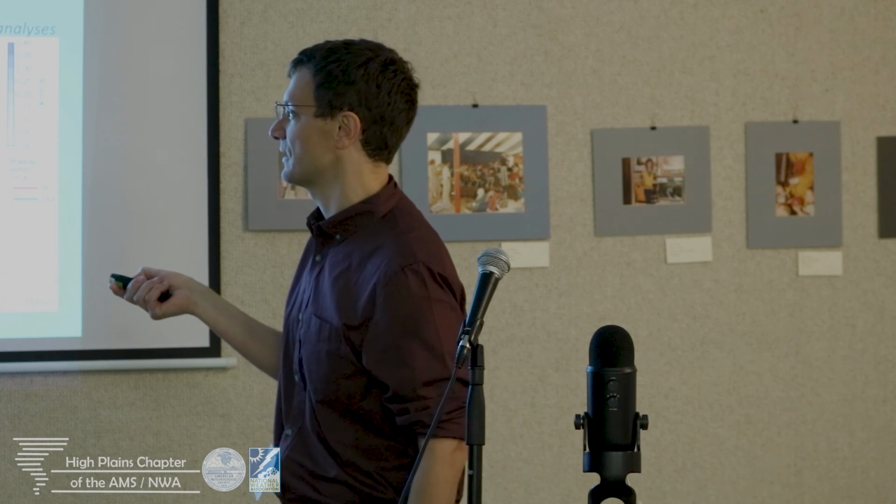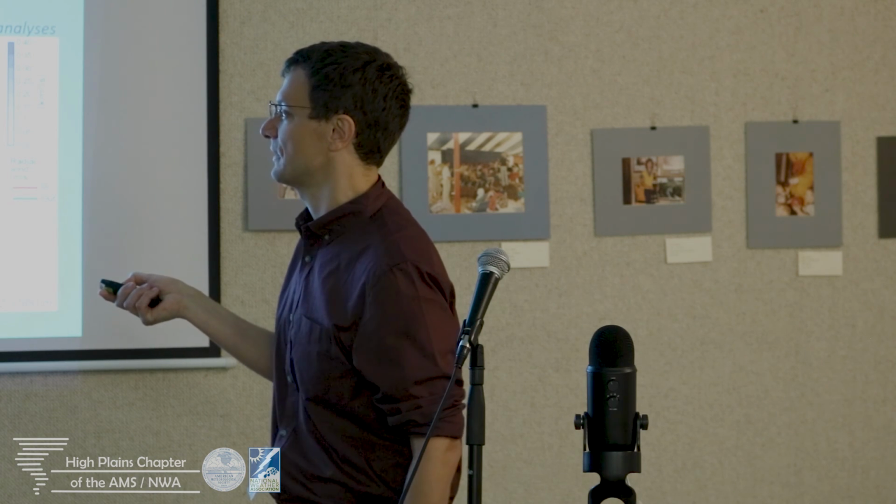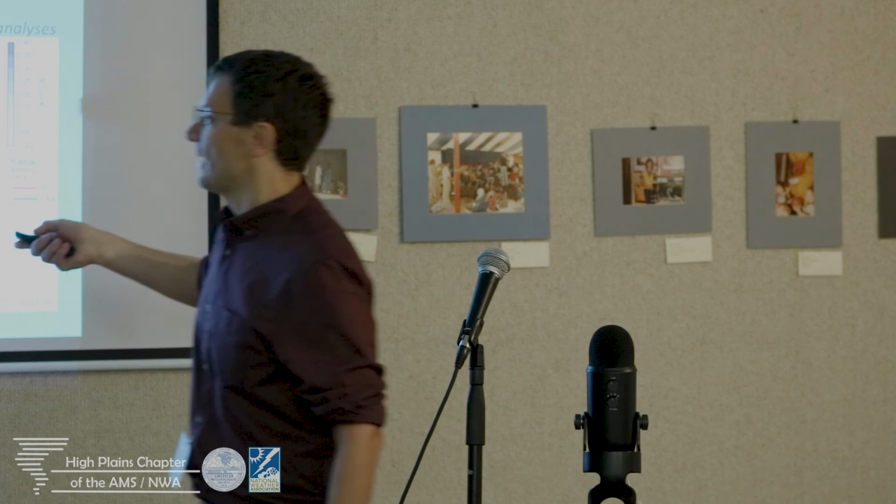So scales this small are not as well resolved as scales approaching 1 kilometer and more. In principle, if we want to correlate with tornado strength, which is this scale, we probably want the scales in here, as opposed to scales out here that we've been looking at. Unfortunately, we're trying to look as close to this axis of 0 as we can before we start to think we're not resolving them as well in the raw data.